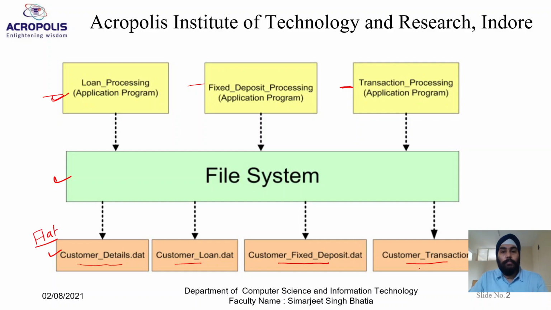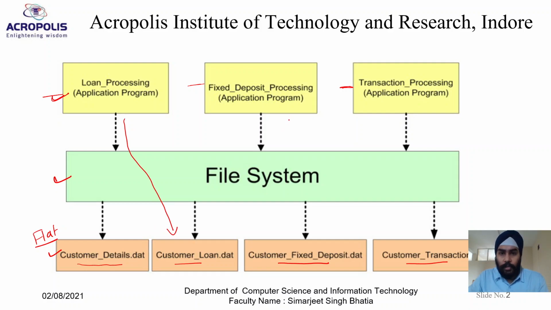So all in all, this is a basic banking system in which I have taken some basic functions being performed by the customers. This is a particular part of this whole banking system. Similarly, the loan processing application program will update, select or retrieve the information regarding the customer loans.